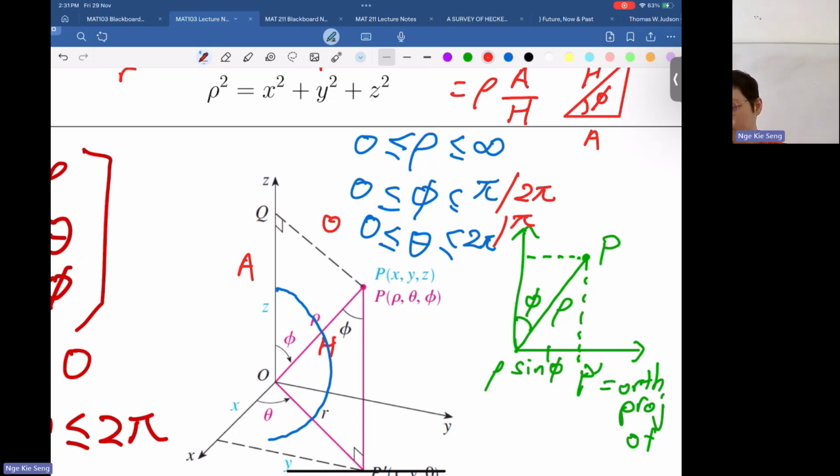Pi. Because instead of a half circle, you got a full circle. So if you twist phi twice at the same time, then you just need to twist half a round for theta. Understand? Can you imagine?